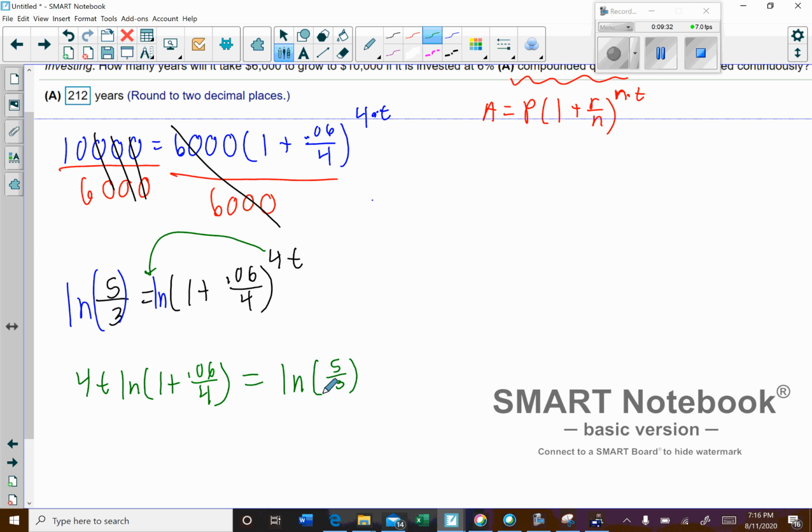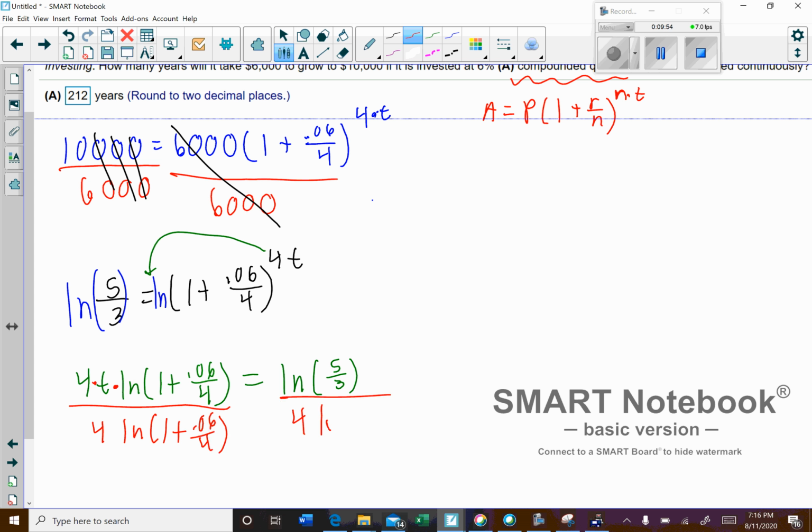I switch sides just because I like to solve for my variable on the left, personal preference. Then we're going to divide by 4 to cancel that out with the t, and I'm also going to divide by the natural log of 1 plus 0.06 divided by 4. So we're going to divide by all this here.